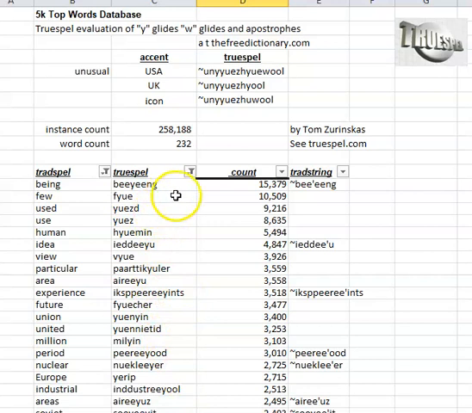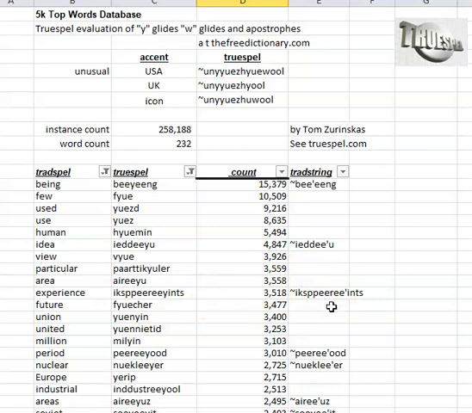And in Truespel we use the letter Y between two vowel sounds. So you have being, or you can use an apostrophe there, or the Y glide, being. And how about this one over here? Idea, idea, without the Y glide. Experience, experience.